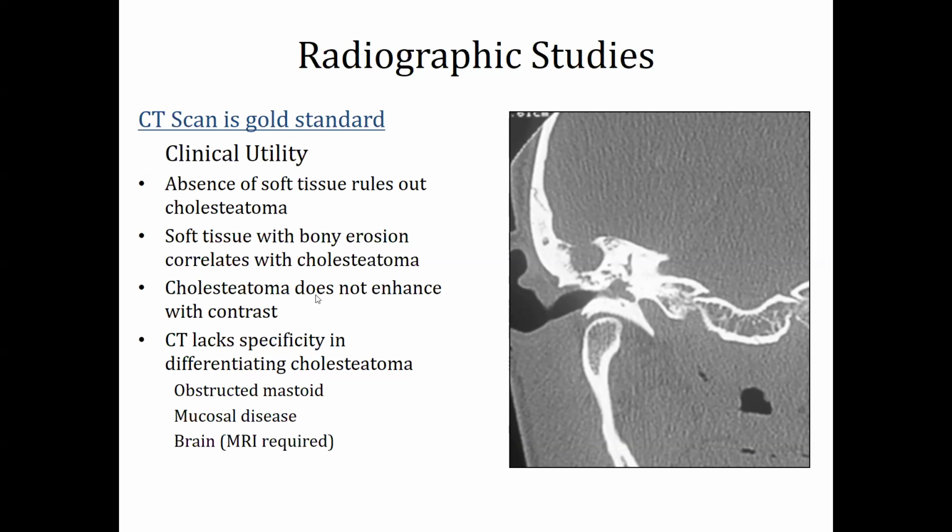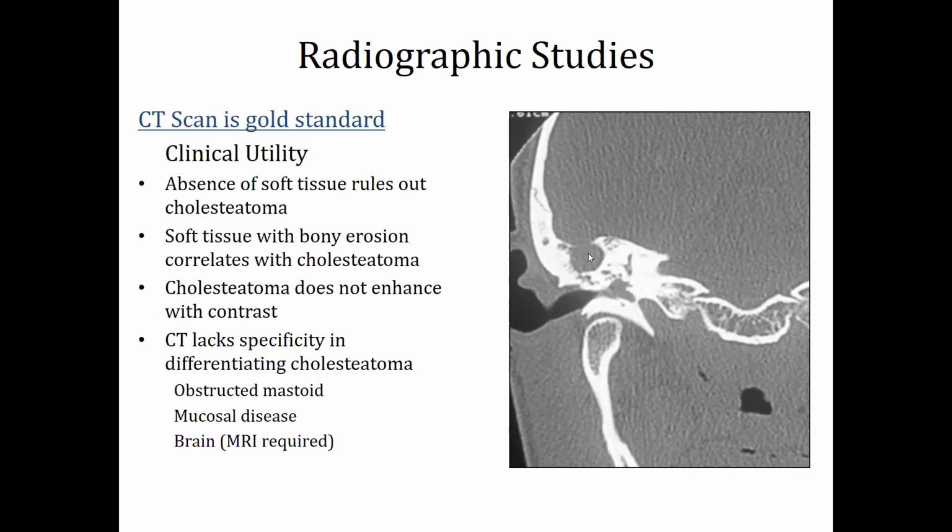Now, I know that this audience knows this, but remember that we really can't diagnose cholesteatoma with a CT scan, right? We can with an MRI with diffusion weighted imaging, but we can't with a CT scan. So this is an adjunctive tool that you're going to use in addition to your clinical exam to make a determination. Remember that an absence of soft tissue rules out a cholesteatoma, but the presence of a soft tissue density still makes you wonder what it is.